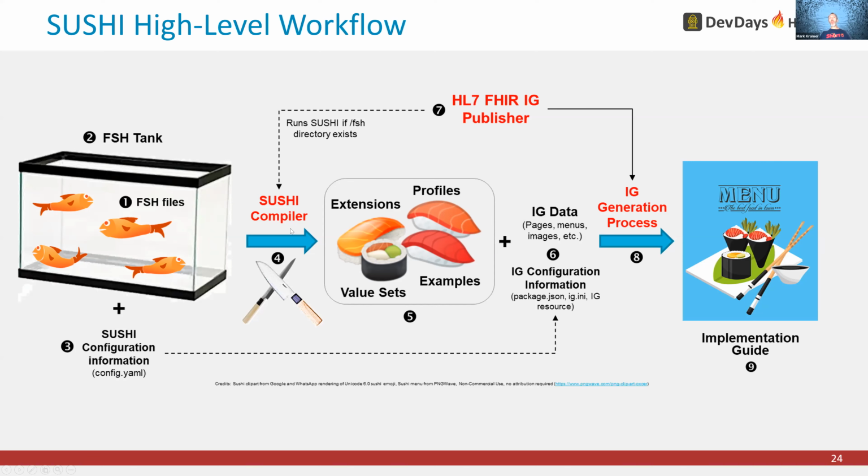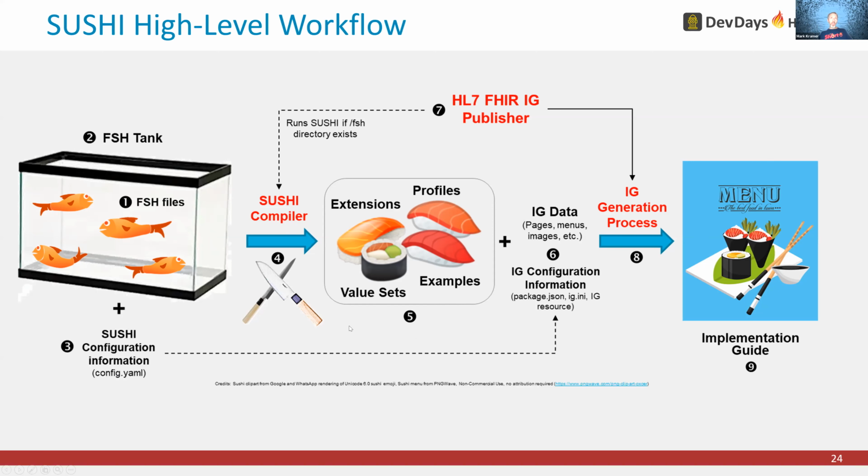So you'll actually open up a command window. After you install SUSHI, you'll run the compiler, which slices and dices your fish into a set of profiles, value sets, extensions, examples, all the things that we've talked about thus far. Then you will create other accoutrements that you need to create an IG.